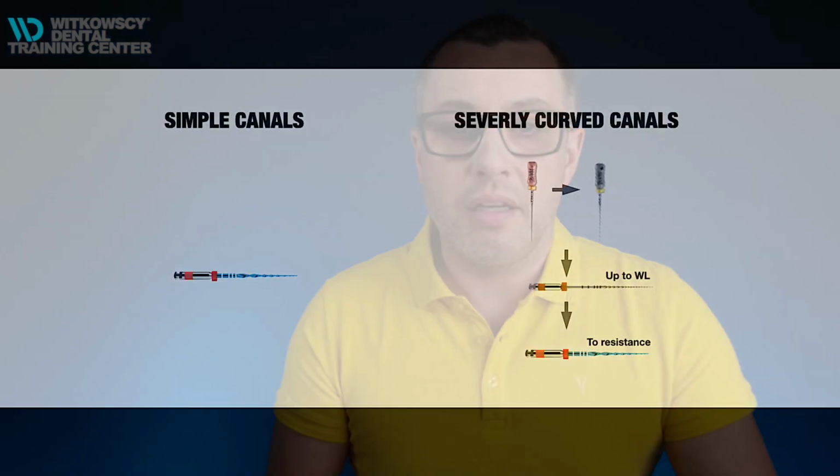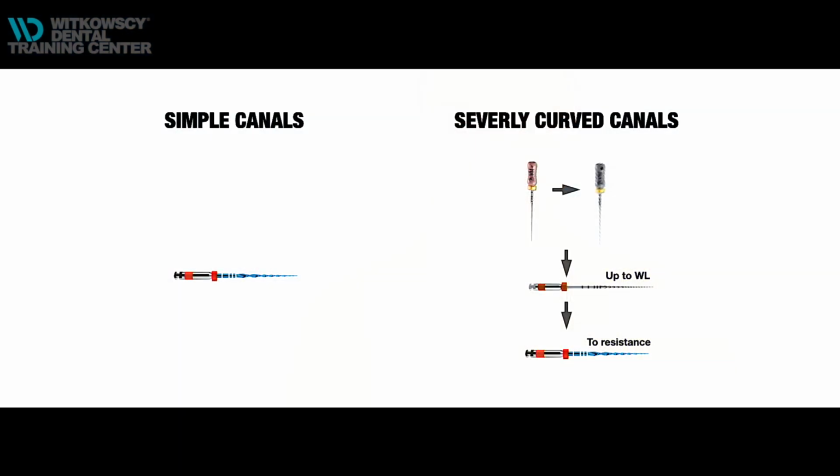After reaching the apical zone, then you can go with your preferred system. In my situation, I used, and I would definitely use it again, the Reciproc file in the Blue technology. And of course, go up to resistance.